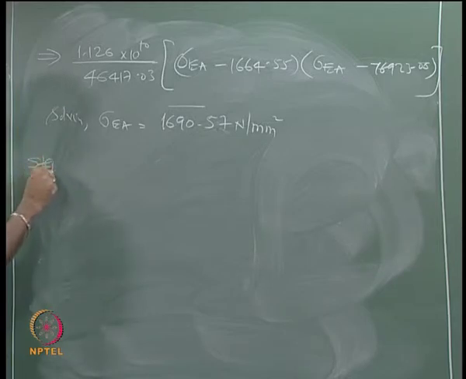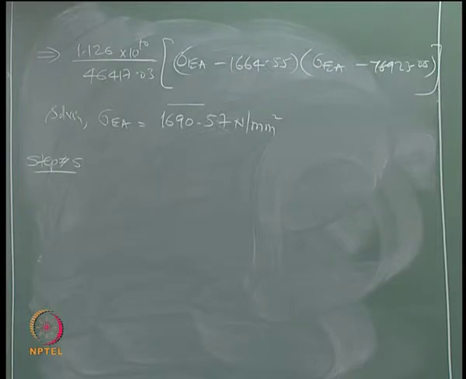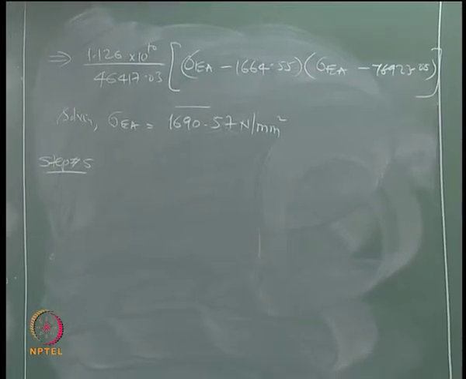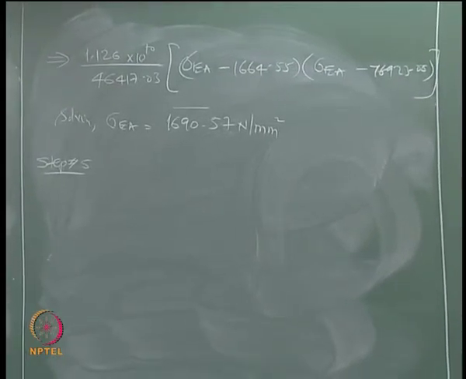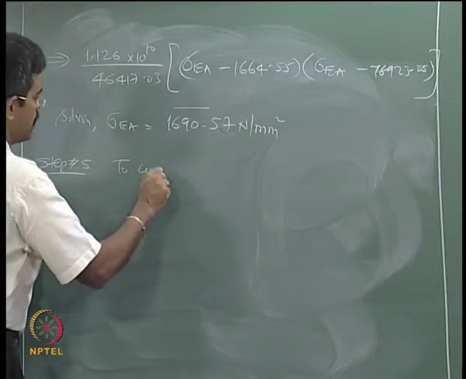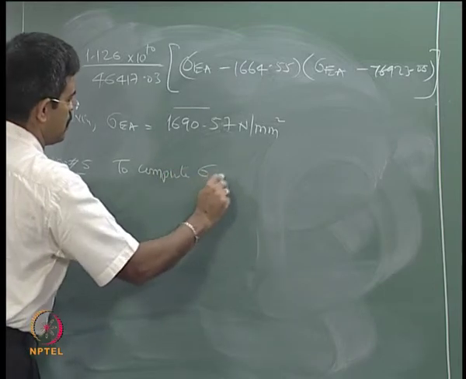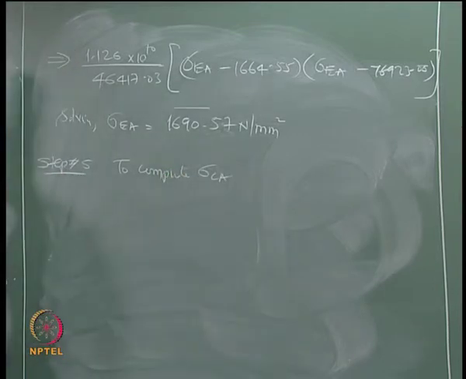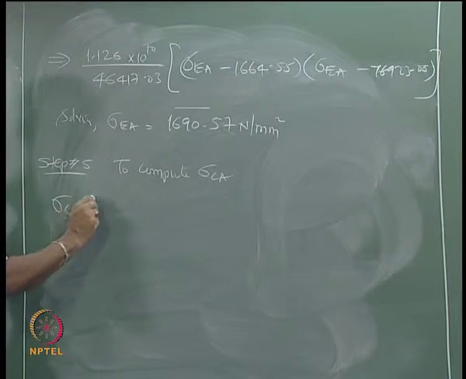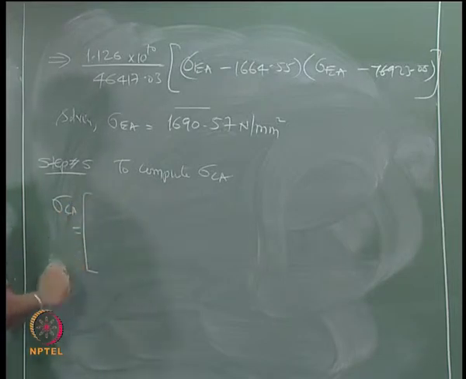Step number 5. To compute sigma Ca. The critical buckling stress sigma Ca is given by two equations.